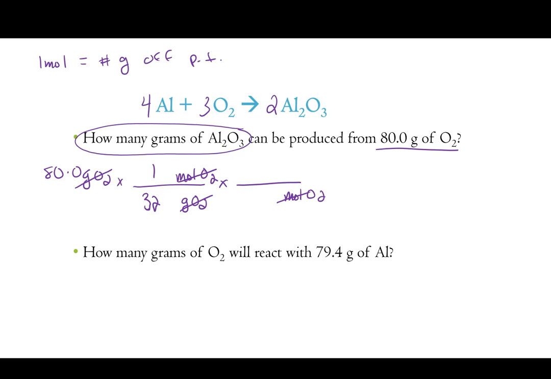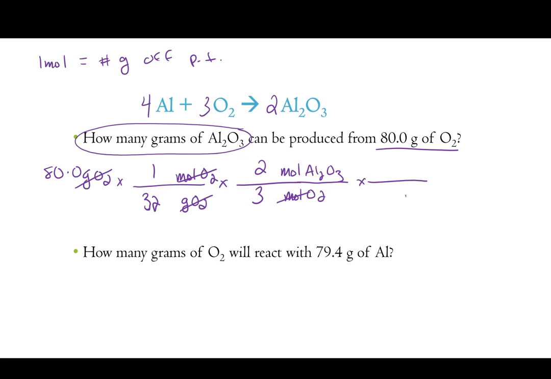And the only way I can get from oxygen to aluminum oxide is my mole-to-mole step. So I'm going to put moles aluminum oxide on the top. In the mole-to-mole step, you get your numbers from the balanced chemical reaction. So 2 aluminum oxide, 3 oxygen.